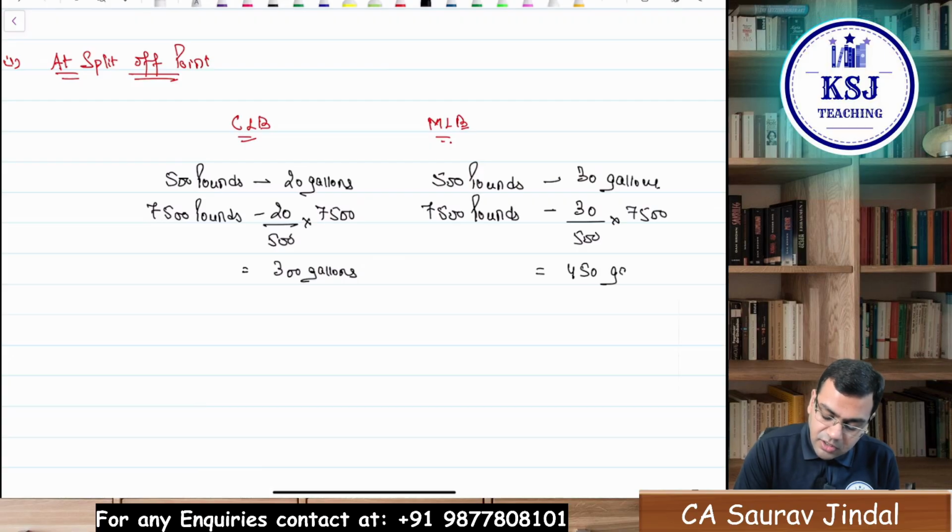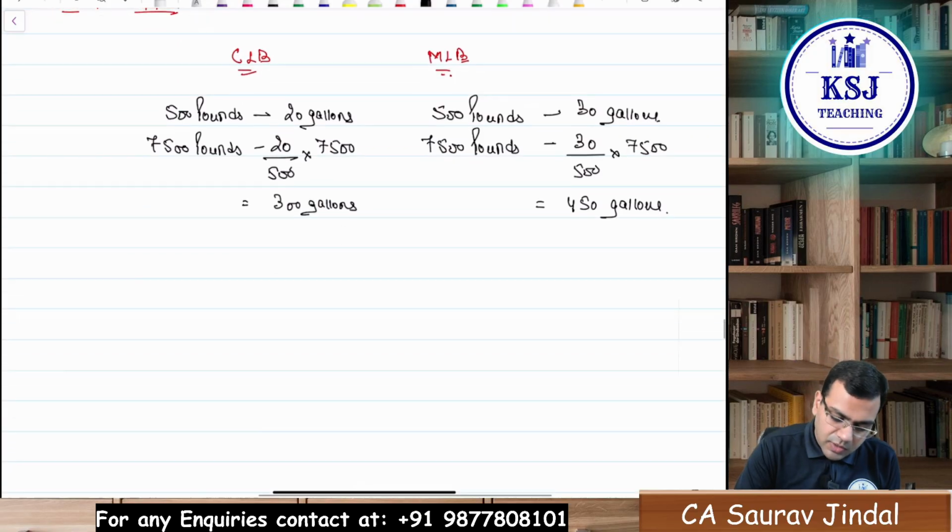Now, the joint cost is to be distributed on what basis? It is to be distributed on the basis of the sales value. Sales value means the quantity multiplied by the selling price. The selling price here is 997.5, and here it will be multiplied by 1235.